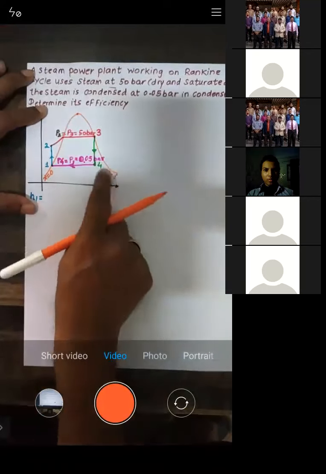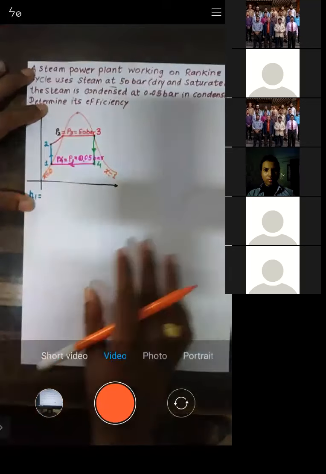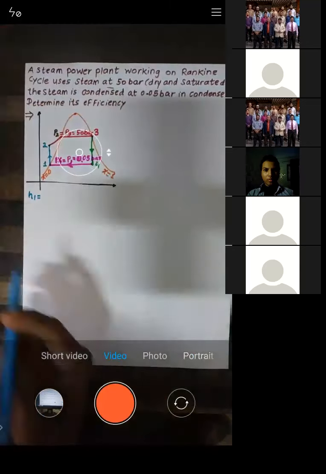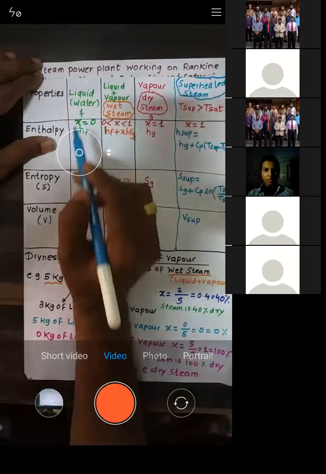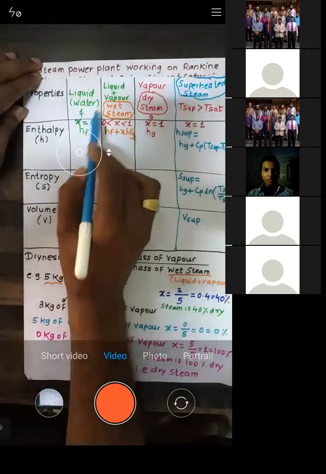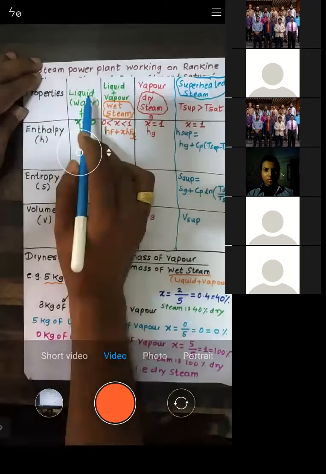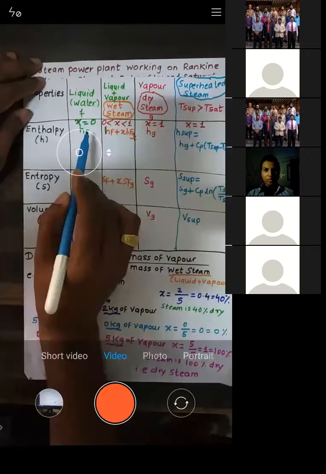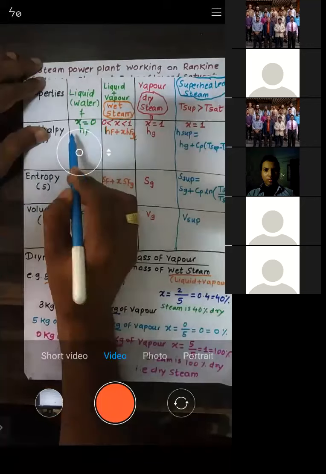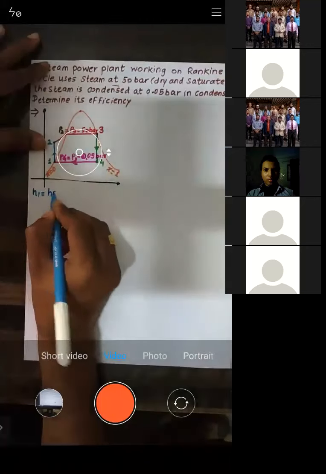Now see, when x is equal to 0, that is basically the liquid. You can recollect, whenever that is a liquid, how to calculate enthalpy of a liquid? Enthalpy of a liquid is given by hf. Yes or no? I'm telling you very simple.